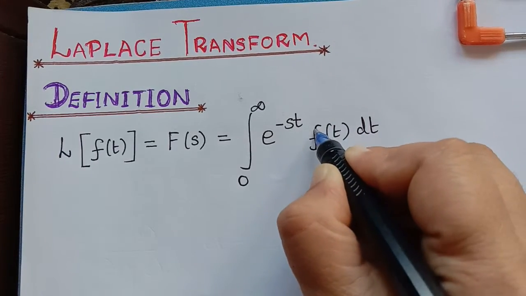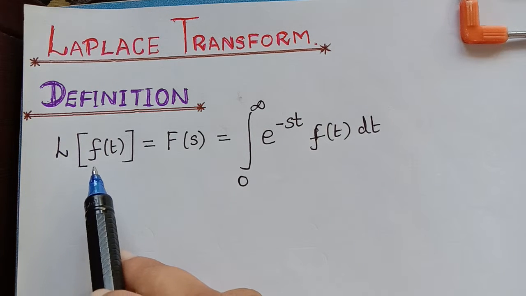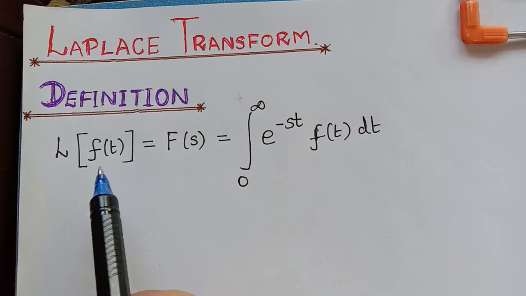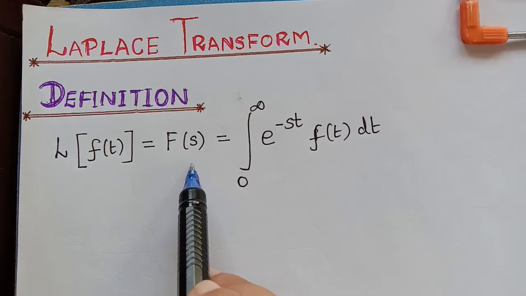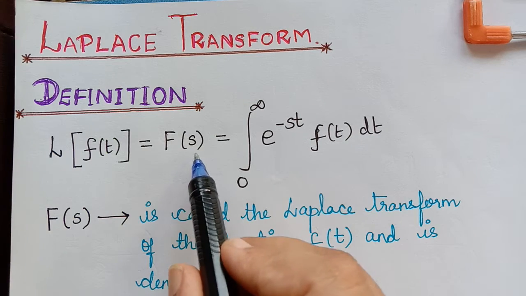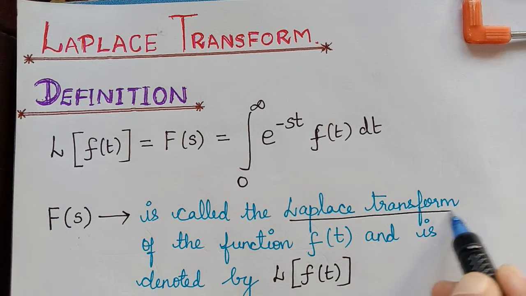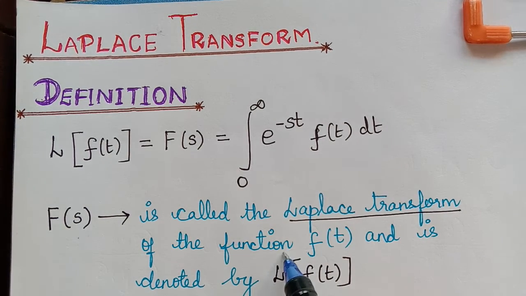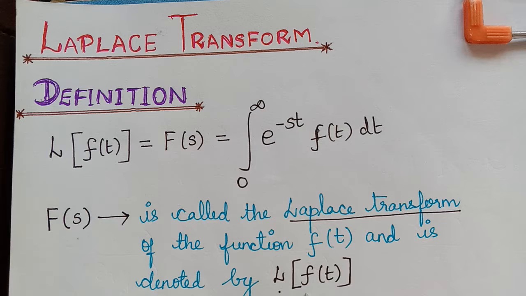So this integral is known as the Laplace transform of the function f of t, and it is denoted by capital F of s. So capital F of s is called the Laplace transform of the function f of t, and it is denoted by capital L of f of t.